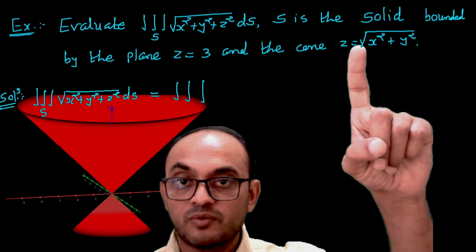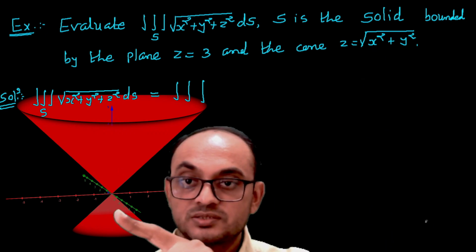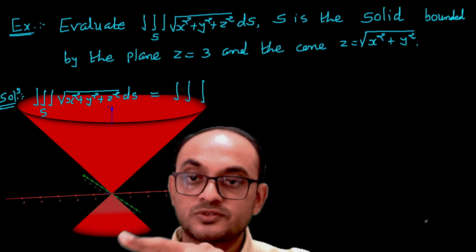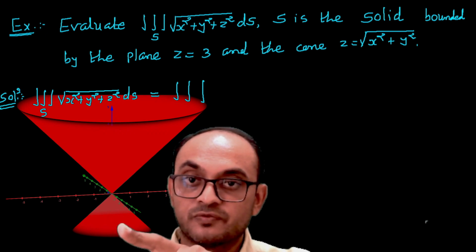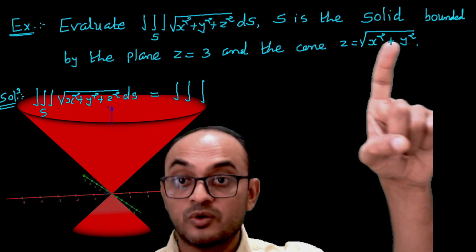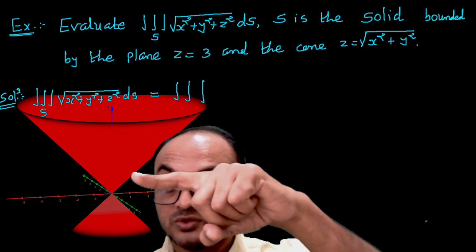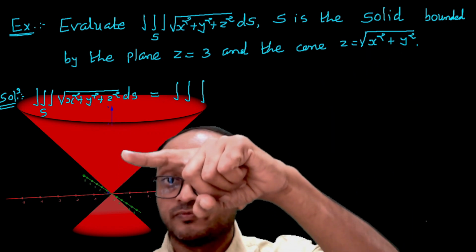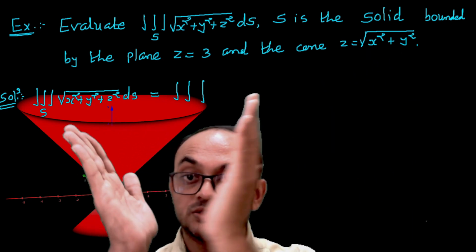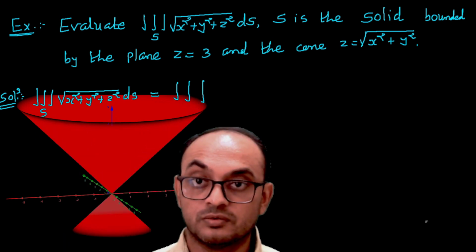See, if you take square both sides, z square equal to x square plus y square, then this below portion is also part of our surface, right? But here we have given only positive values of z. z is equal to square root of x square plus y square, this is the positive value, right? And so only this upper side portion is our cone, right?